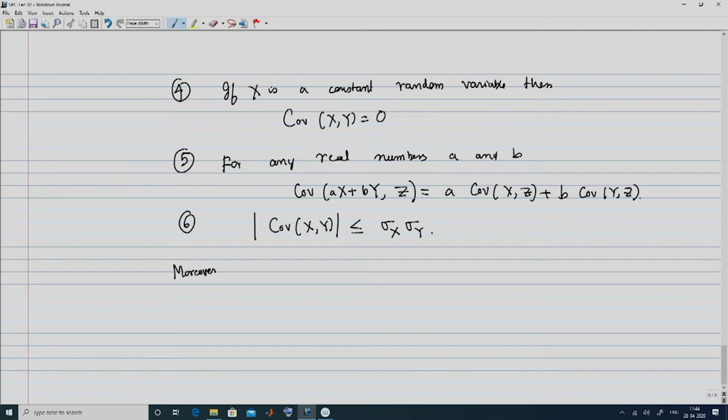Moreover, just one more observation. Here this is the inequality, so I need to look at under what circumstance the equality will take place.